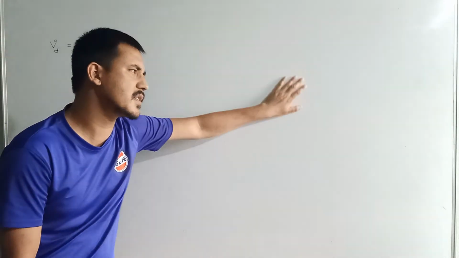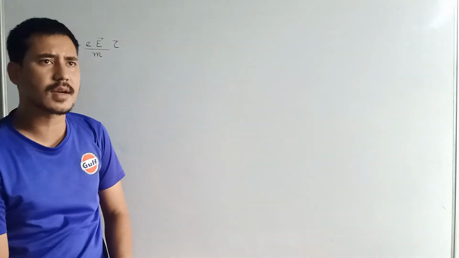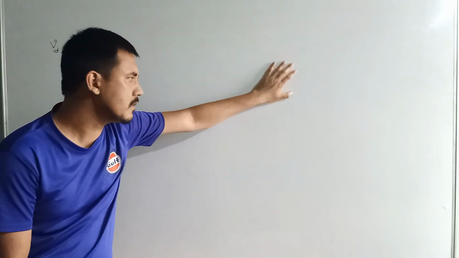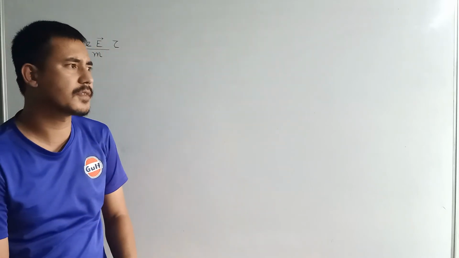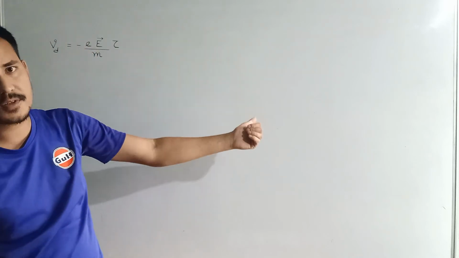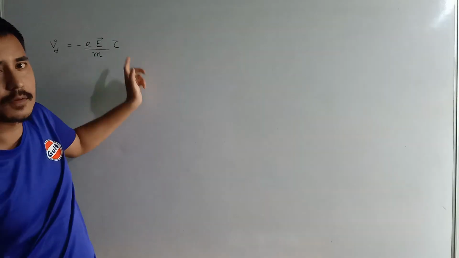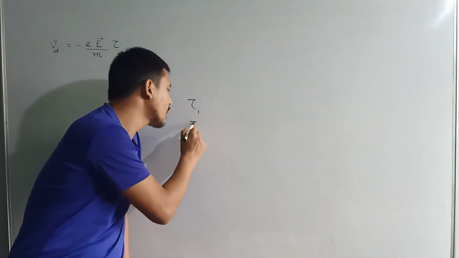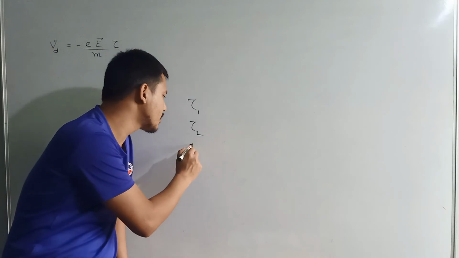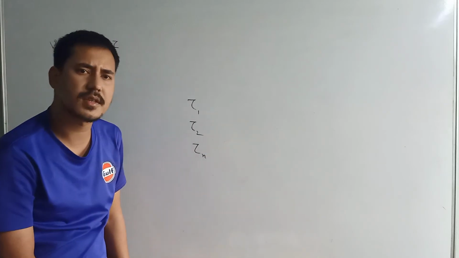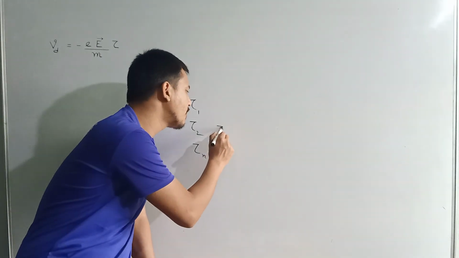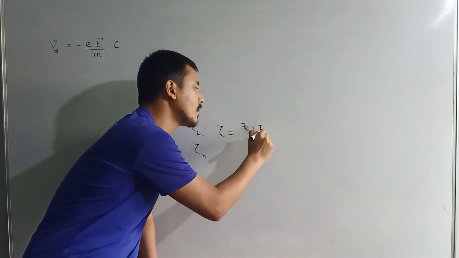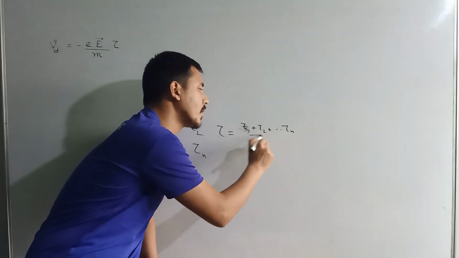And the average relaxation time of all the electrons present in the conductor will be given by this tau. Suppose tau 1 is the relaxation time for the first electron, tau 2 for the second electron, tau n for the nth electron, then the average relaxation time will be given by tau 1 plus tau 2 and so on up to tau n divided by n.